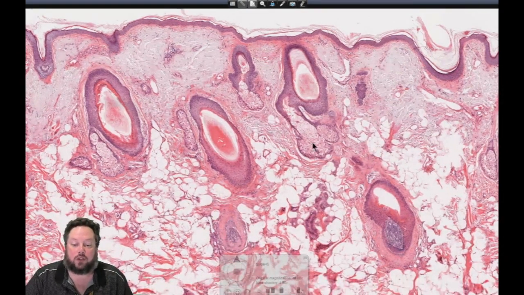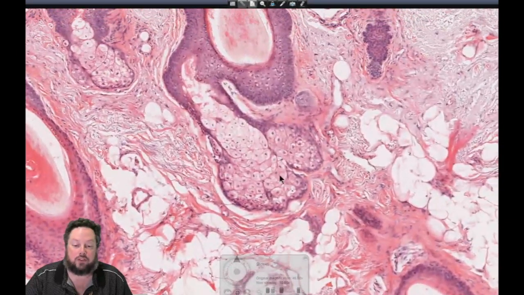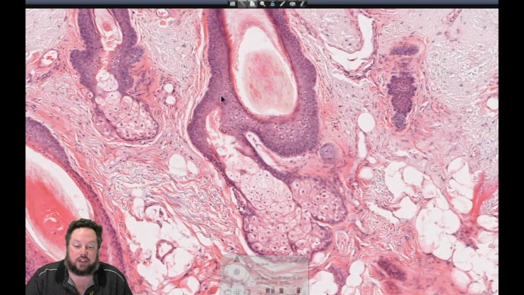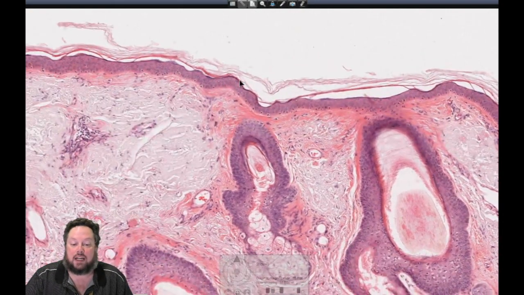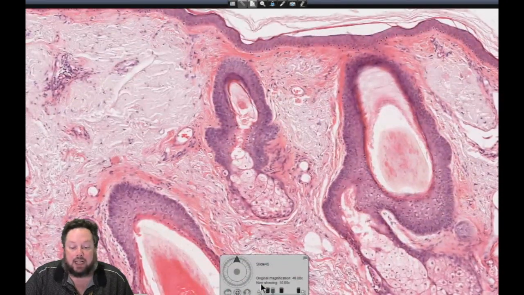So these are all hair follicles, and you can actually see there's a nice example of a sebaceous gland here. So these are actually all of the living cells of the sebaceous glands, and they empty their secretion into the space next to the hair follicle, and then that would empty onto the surface. So this is our normal skin, hairy skin, stratified squamous keratinized epithelium. You can see the keratin layers here, or hopefully you can.